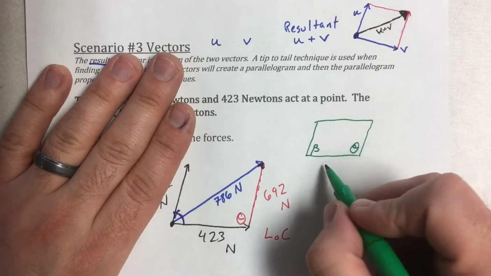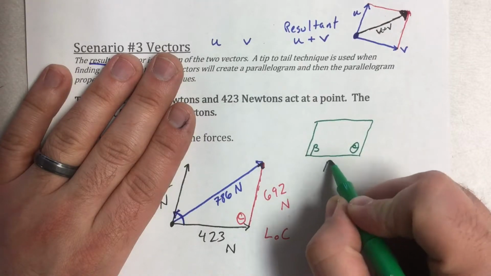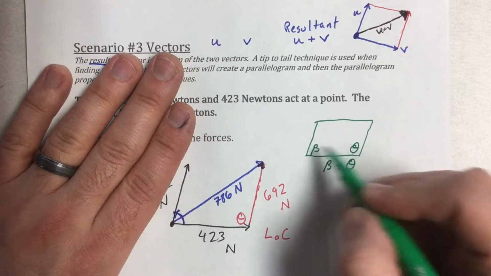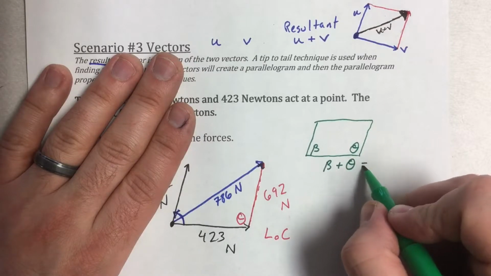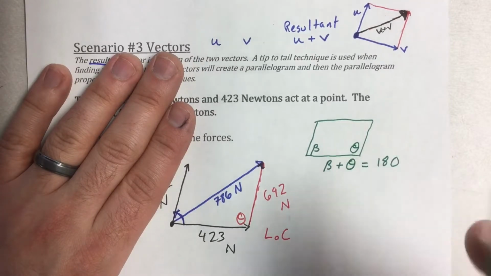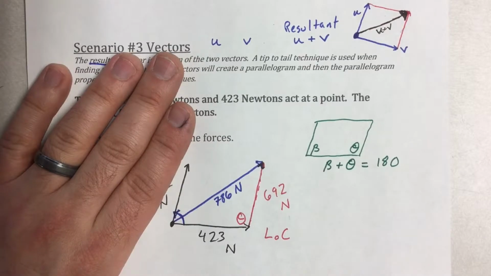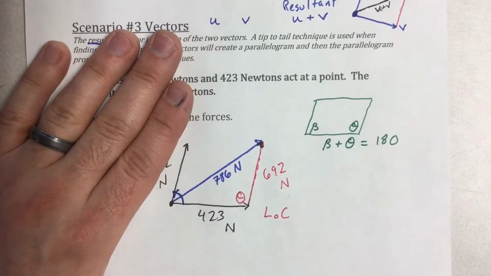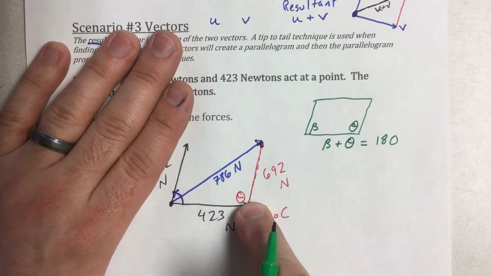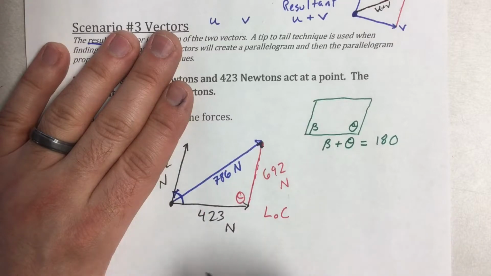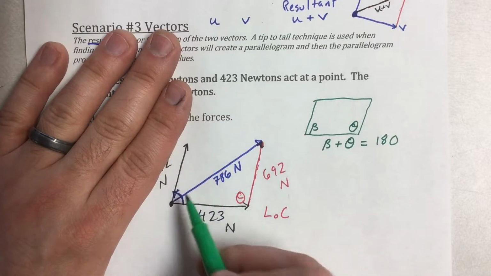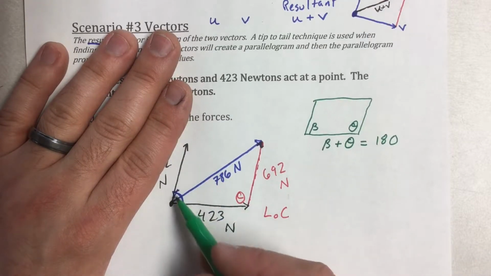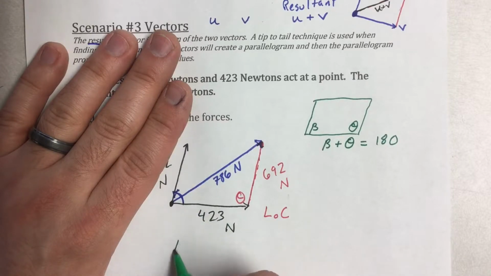One thing we do know is that two angles within a parallelogram, when they're adjacent or consecutive, have a sum of 180 degrees. So if I desire to know this angle, once I use law of cosine to find our inside angle, we have 180.